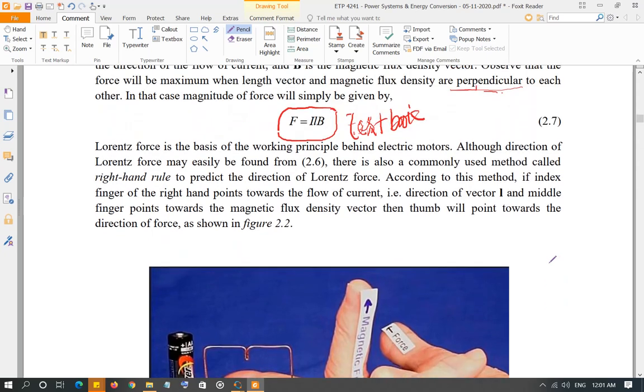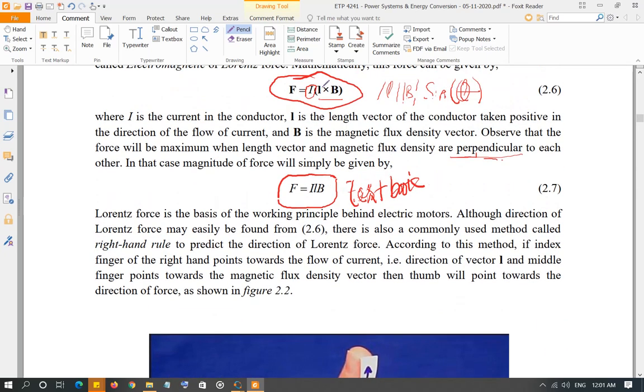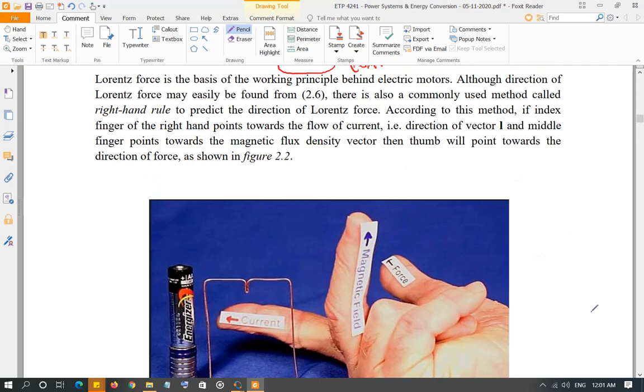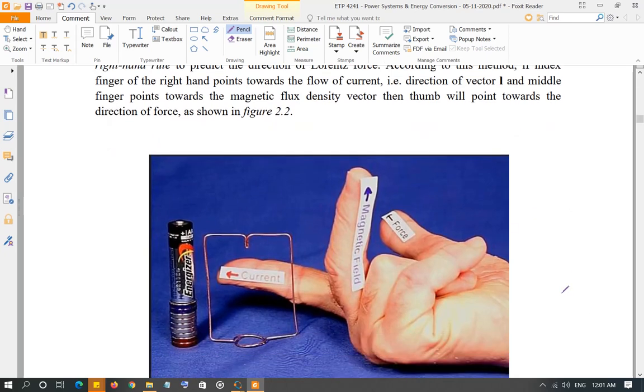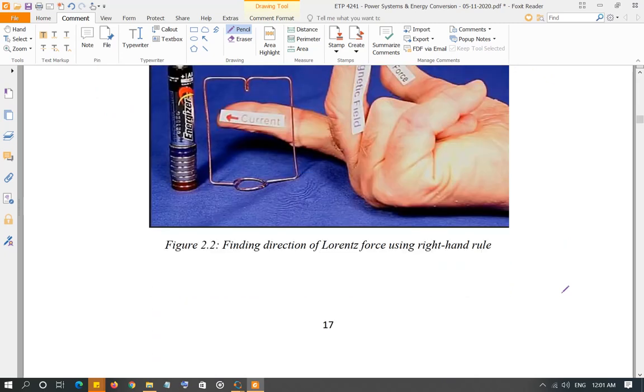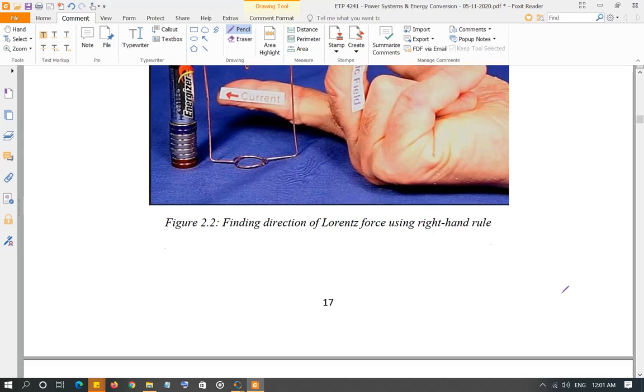For me, it's generally easier to see which direction the current vector is and which direction B is, then apply the cross product and I know in which direction the force is going to be. But the right hand rule is a very common, well established rule, and you can find a lot of information online on how to apply it to figure out the resultant vector direction of the cross product between the two vectors.